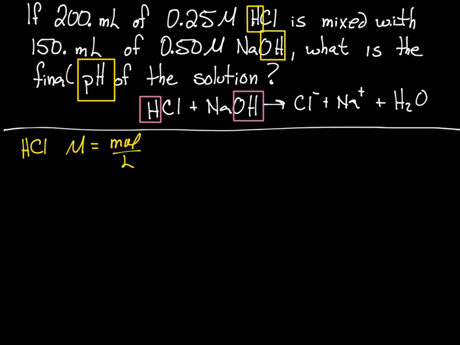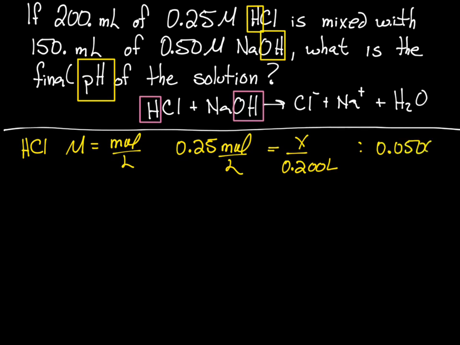So we're going to have a 0.25 molar solution of HCl equals, we don't know how many moles, over a 0.2 liter solution. And that will give us 0.0500 mole of HCl. Because this completely ionizes and HCl is monoprotic, that means we also have 0.05, whoops, too many zeros there. Try that again.